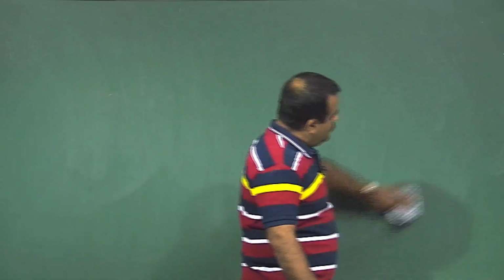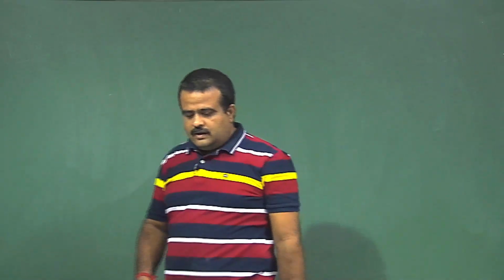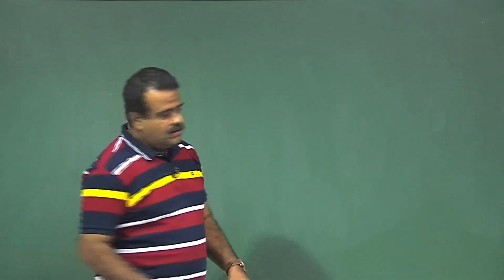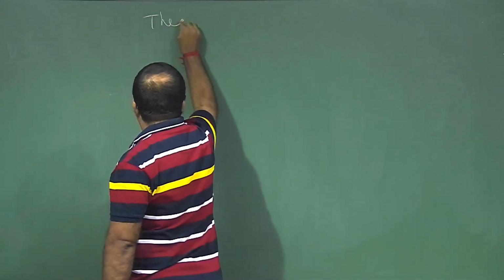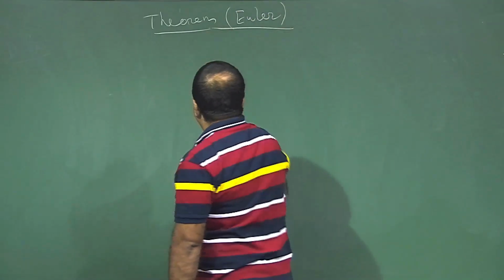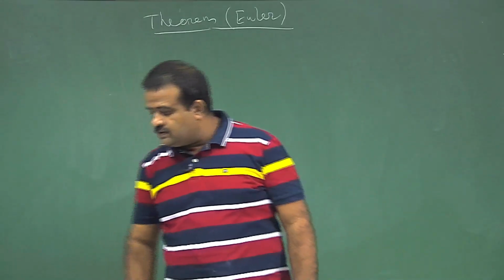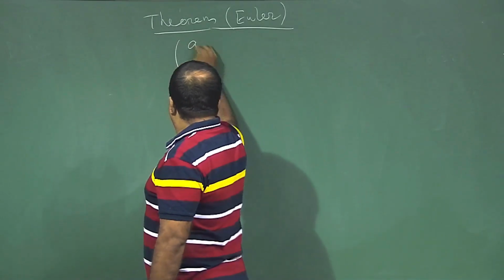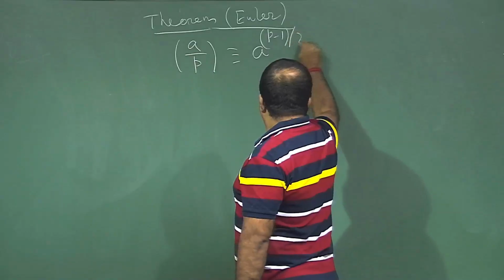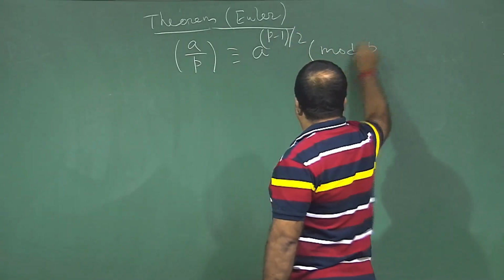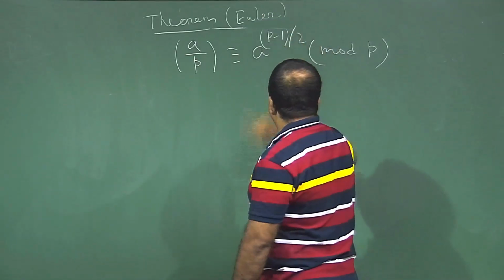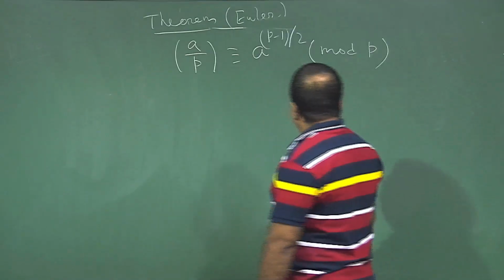Okay. Now, we will talk about some results based on the Legendre symbol, or you can say theorems. The first theorem is again by Euler. This is Euler's criterion. It is telling that A by P is congruent to A to the power (P minus 1) by 2 mod P. Okay.